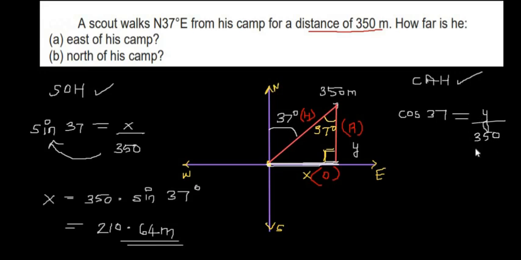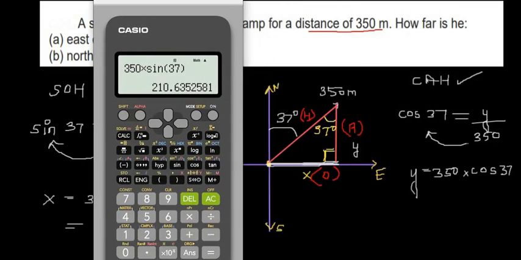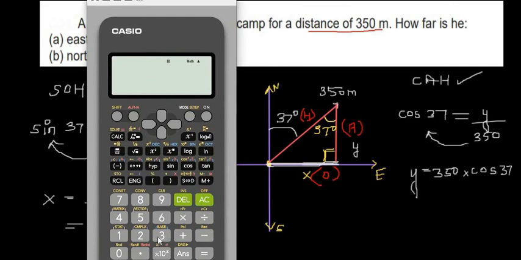So to find y, we multiply 350 with cos 37. Let us see how much we get. 350 multiplied with cos of 37 degrees gives 279.52.